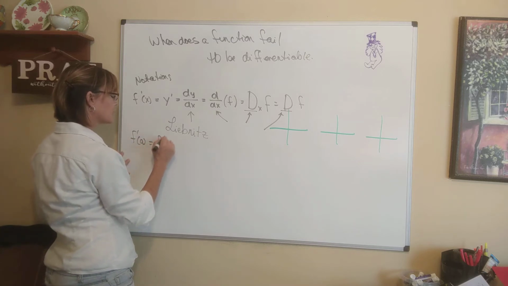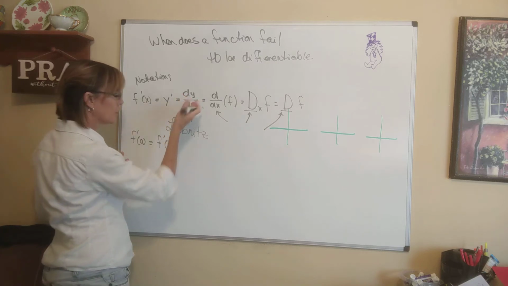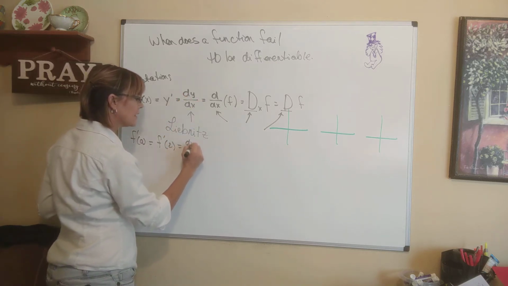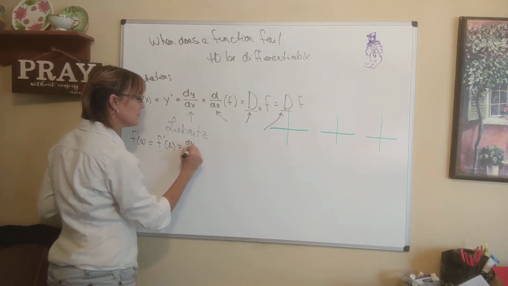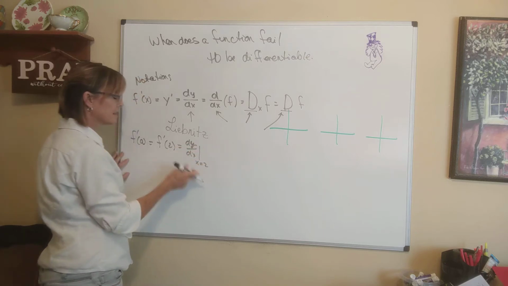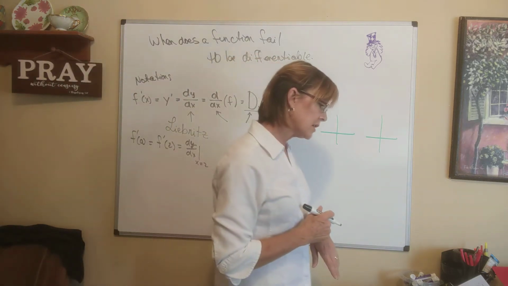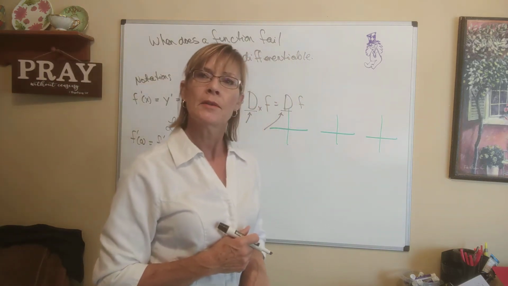We'll say, let's find the derivative at x equals 2. If you were using this notation, then you would say, let's find dy/dx at x equals 2. That's how you would say it at a specific point. Okay, so that's some different notations I just wanted to talk about with you guys.